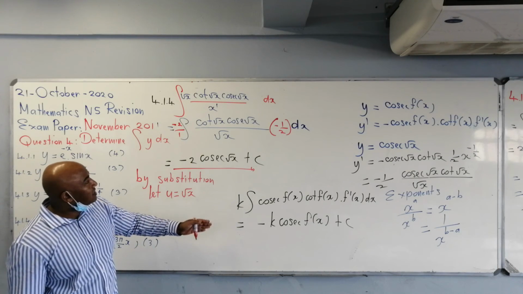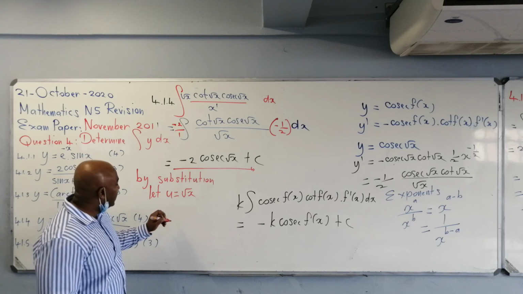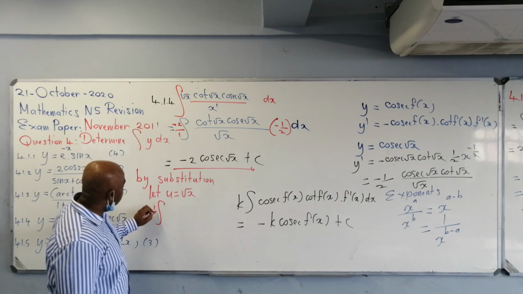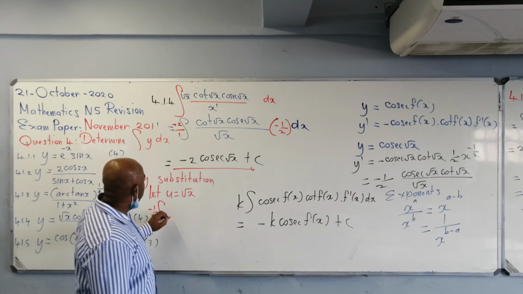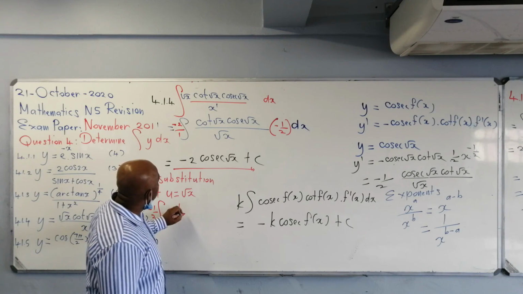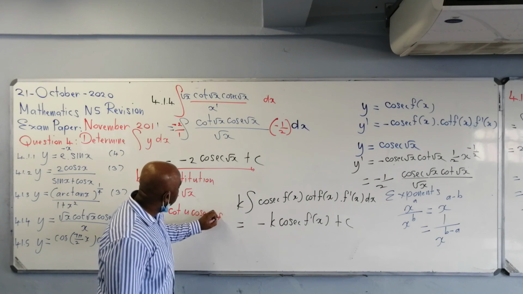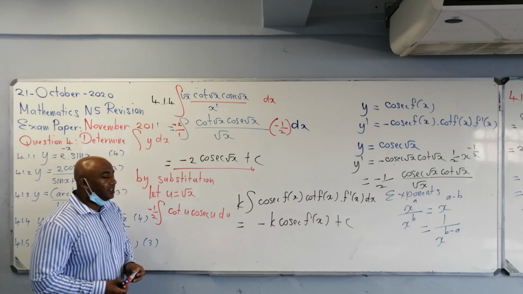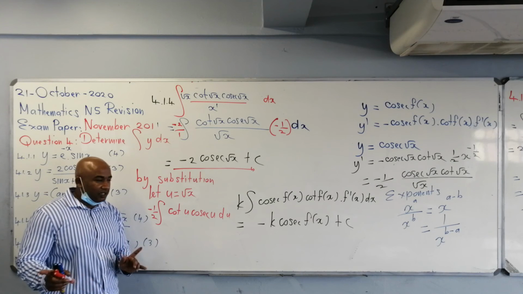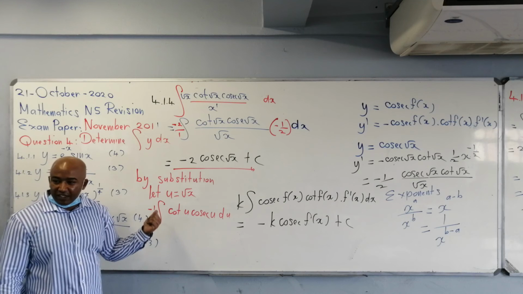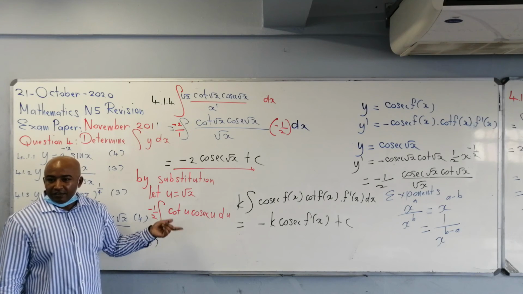You'll see x's will cancel, and then you will end up with something like this here. You'll end up with minus 1 over 2 cot of u cosec of u du. I'm not showing you all the steps now because of time, but basically what's going to happen is du over dx will be half x to the power minus half.